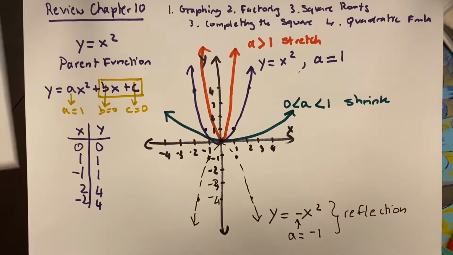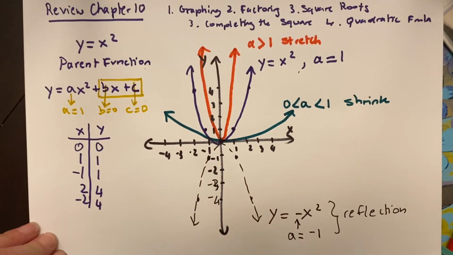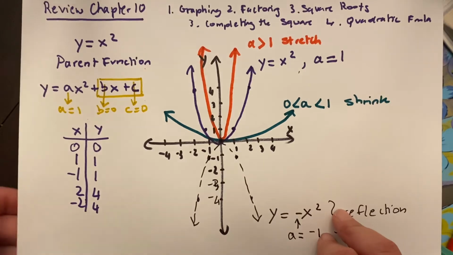Now, the next thing we're going to do is put c in and do ax squared plus c, which was the topic of 10.1. So this has been just the general introduction, okay? And we're now going to go into 10.1.